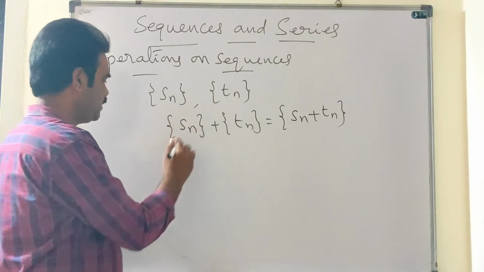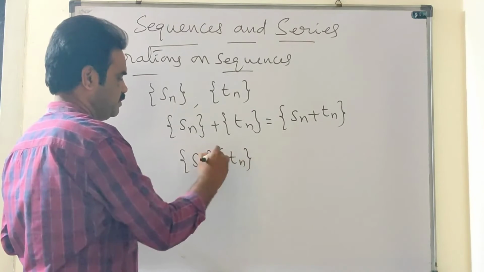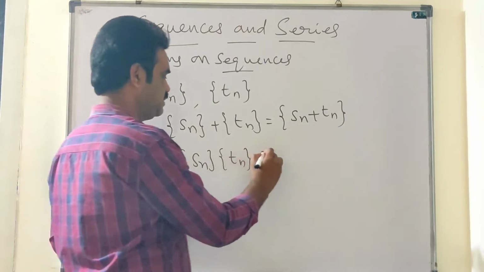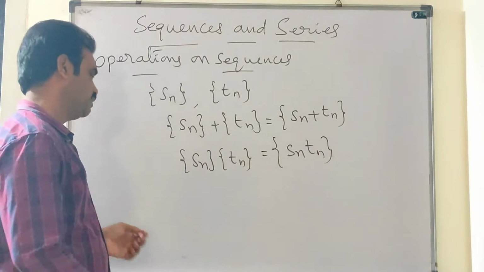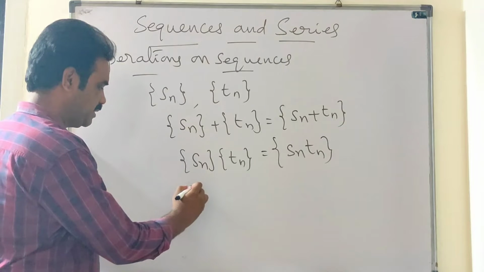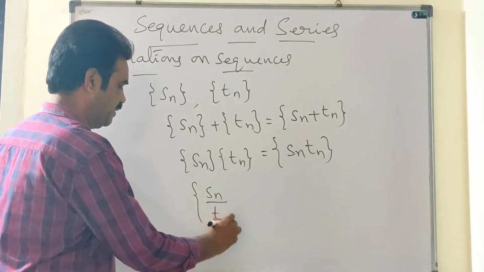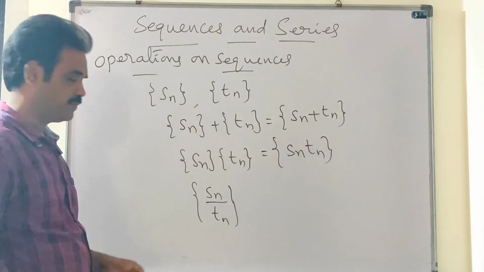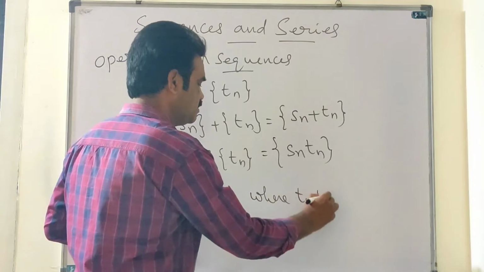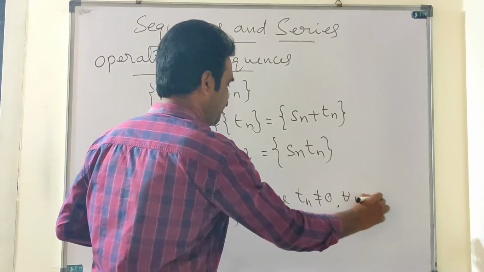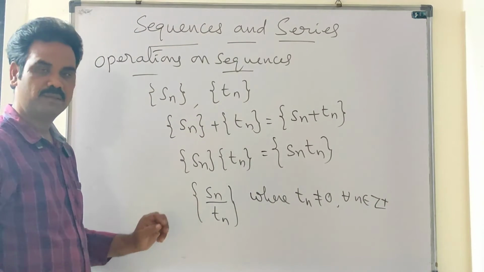The product of the sequences is defined by Sn into Tn. And the quotient Sn by Tn is defined when Tn is not equal to 0 for all n. This is called the quotient of the sequences Sn and Tn.